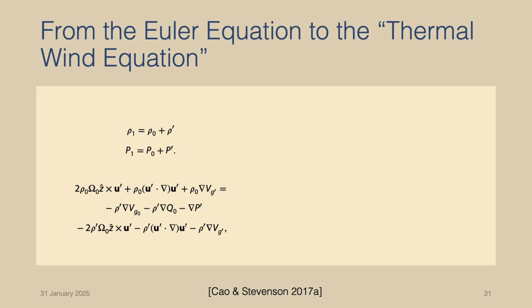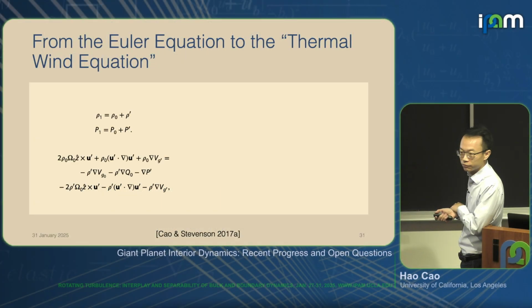So I'm going to decompose my wind into a background rotation and a differential rotation. I'm going to decompose my density and my pressure into these terms as well. Then you just expand out your Euler equation. Most of these terms look familiar to you, but you get some additional terms, particular to the gravitational problem, as I alluded to earlier.